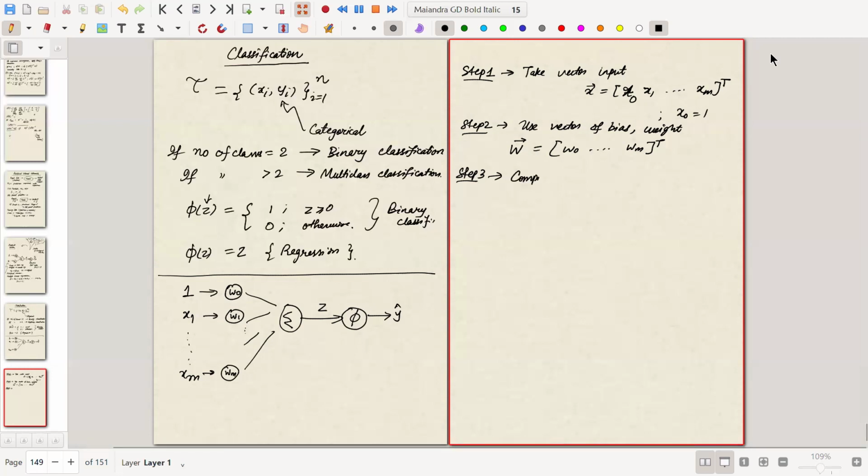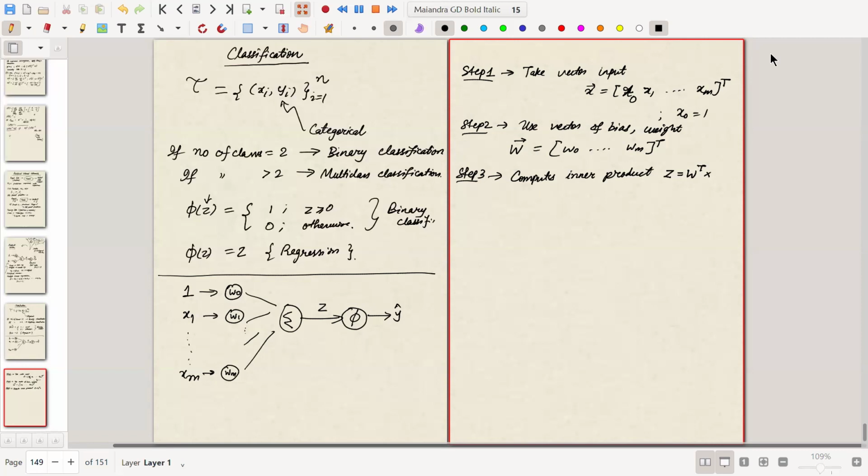So it computes the inner product of x and w. That is, z equals W transpose x. Go to Wikipedia and search for inner product space, and see how the inner product looks for a vector.